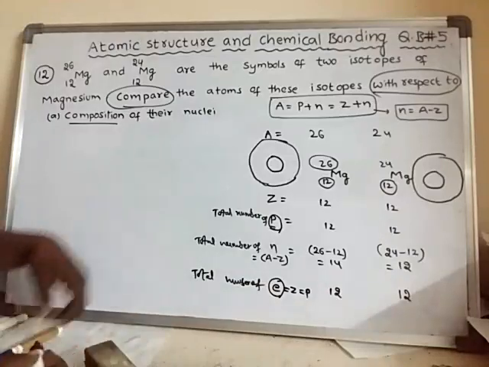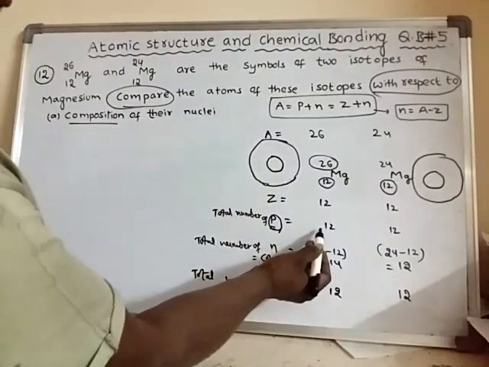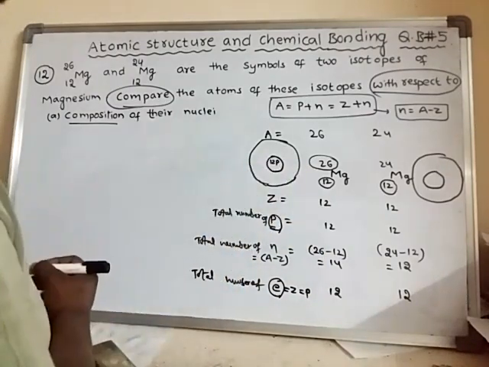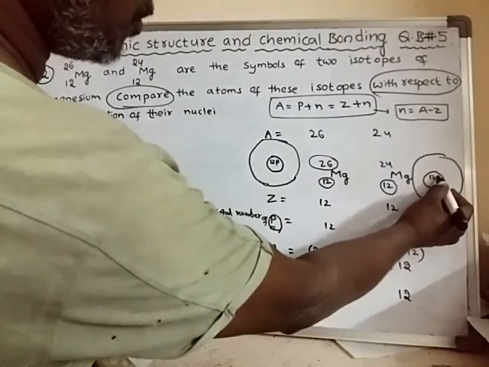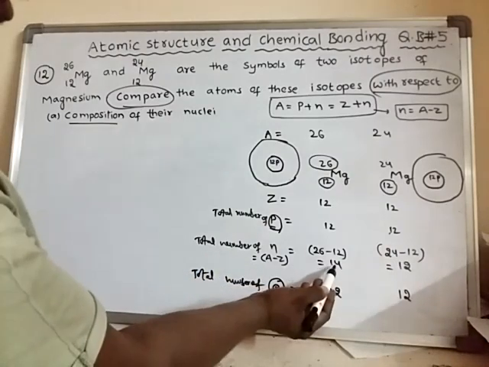Now the nucleus always contains protons and neutrons. So how many protons are there? 12 protons here, and in this atom also there are 12 protons.